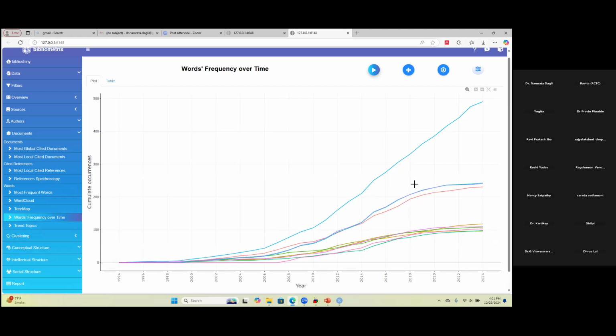These are all very less specific terms. We can exclude them and then the results will be more relevant. If I have a ready file with me, I'll show you how to remove them.